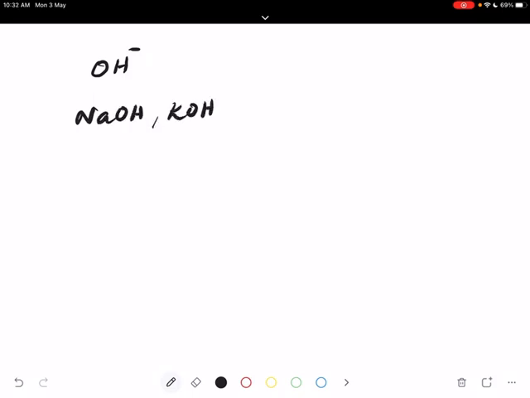So we have seen many characteristic properties of acids. Similarly for bases also, bases are bitter in taste, they are soapy to touch, they have OH minus ion in common. Generally OH minus ion, NaOH, KOH, base.